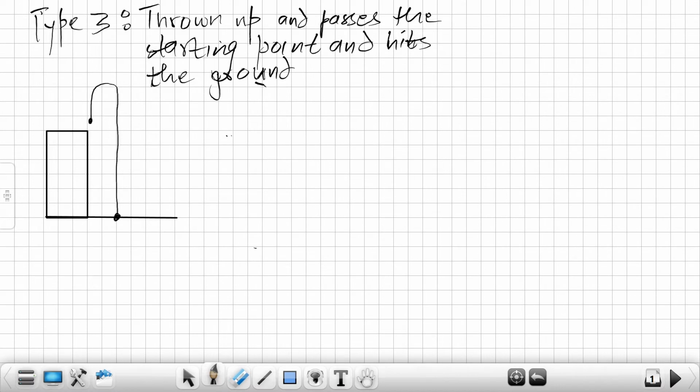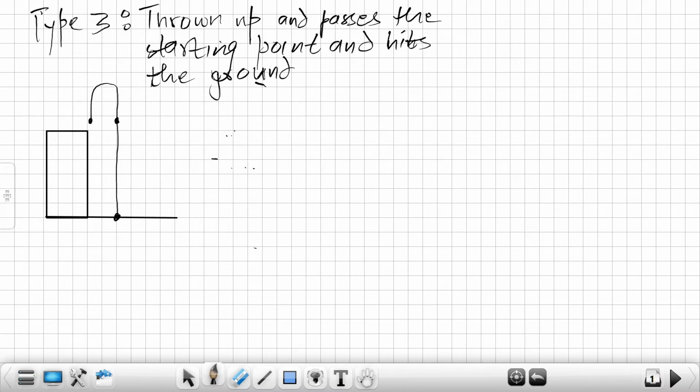In approaching this question, we break it down into a few portions, because we already worked with an object that is thrown up, reaches the maximum height, and then returns to the starting position.